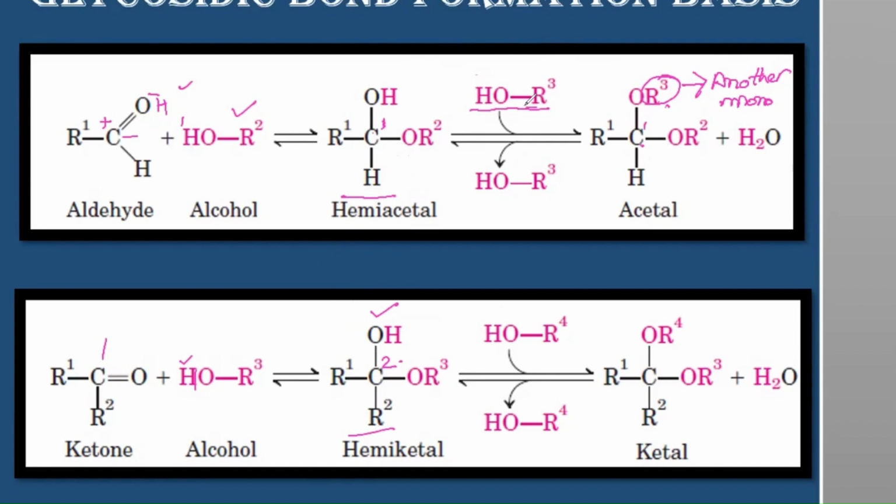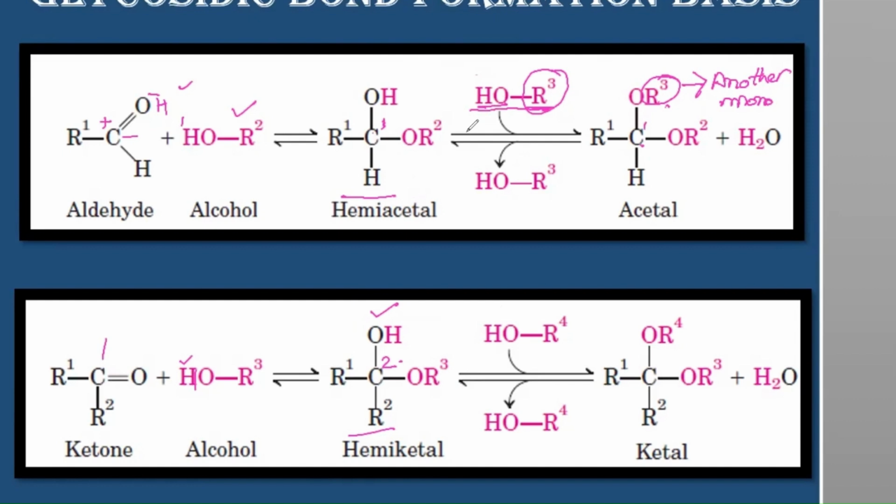This R3 is nothing but the whole of another monosaccharide unit, and this OH is nothing but one of the hydroxyl groups present in that monosaccharide unit, which will interact with the carbon number 1 of the first monosaccharide unit.